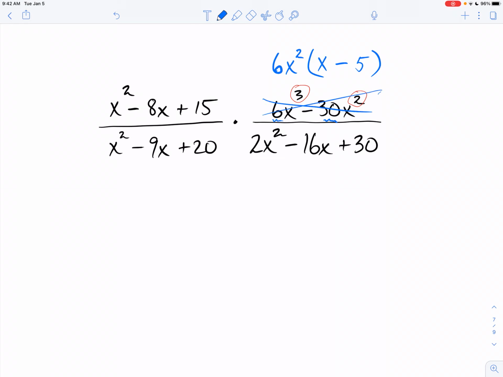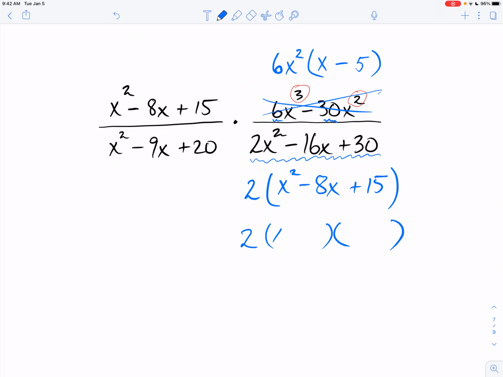That part's broken up. I'm not going to look at that again. I also see a GCF down here. I see a 2. I'm going to take that 2 out. And if I do, I'm going to end up with, it looks like this guy. And I'm going to say, you know what? That looks suspicious. Let's try to break that up. So I took out the 2. Now I'm going to try and break it down and say x times x, that's x squared.